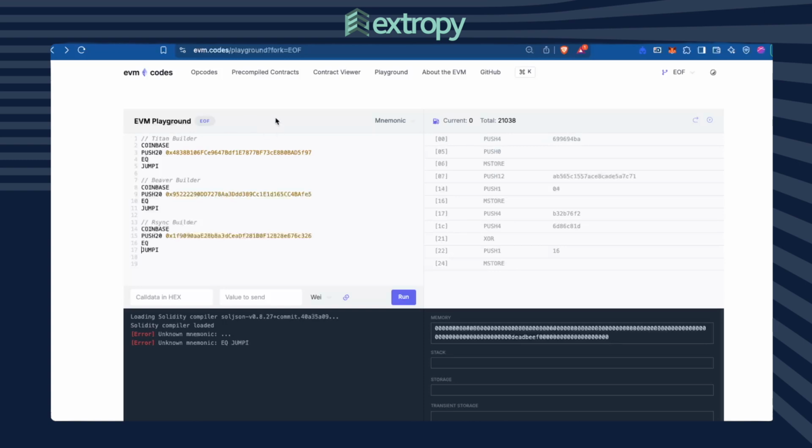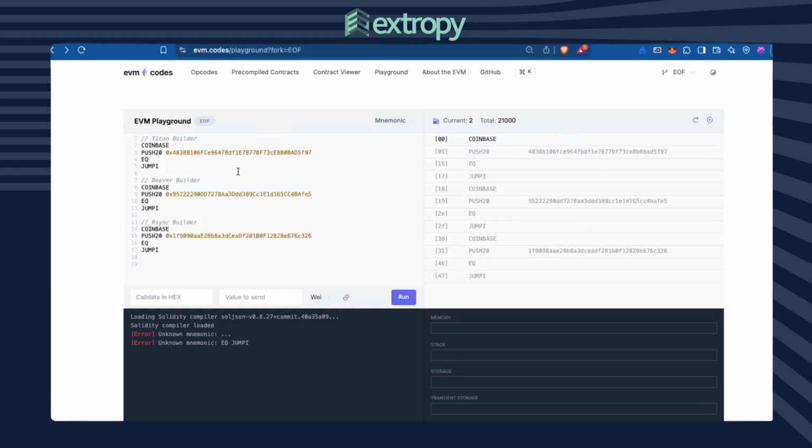And so what he's doing here is altering the flow of the transaction or of the execution, depending on who is the builder of the block that this transaction is going to be in.